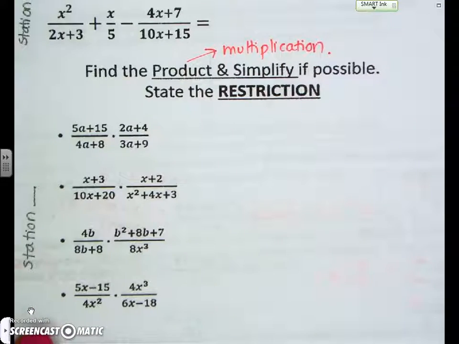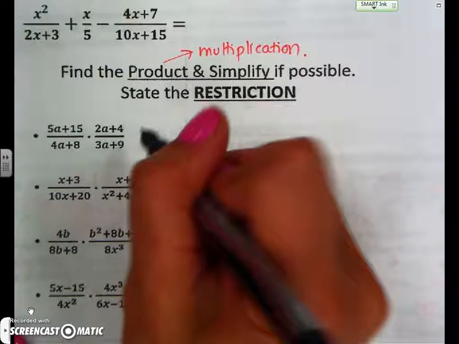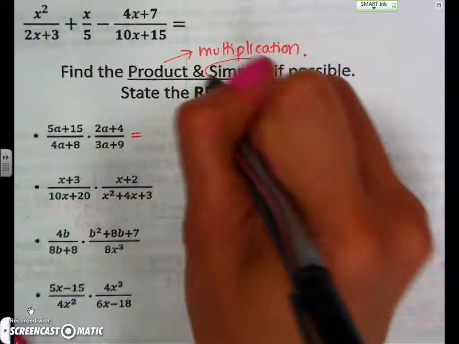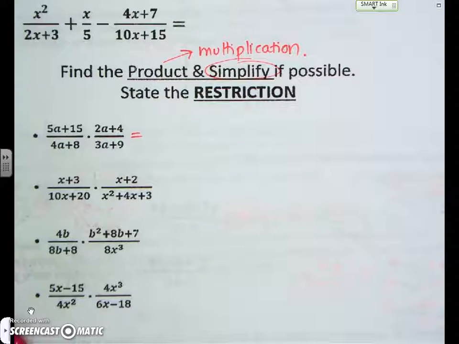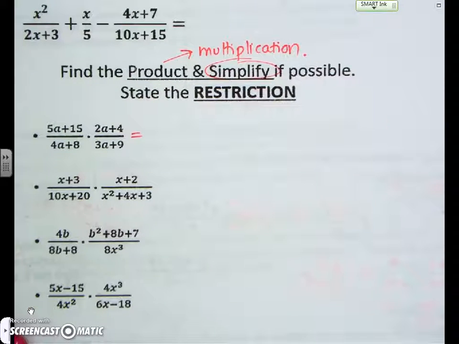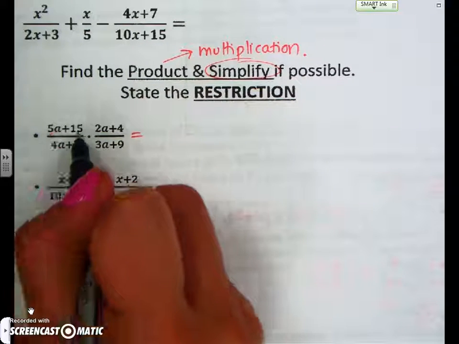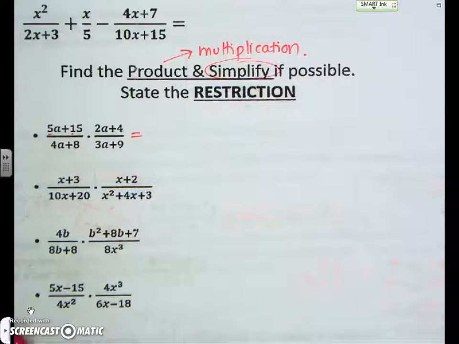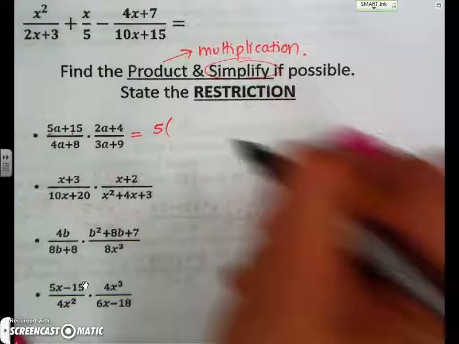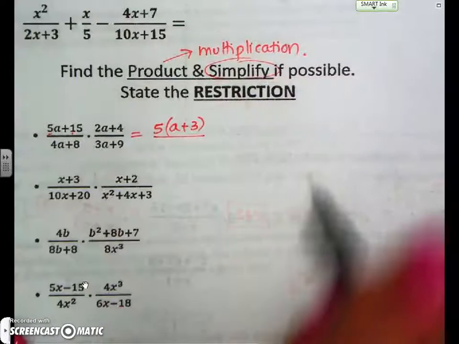Okay, so we are going to practice simplifying, which is what we just did on the previous station. We're going to simplify in order for us to multiply straight across. What is the common factor between 5 and 15? 5, good. So I'm going to put a 5 on the outside, and it leaves me with a plus 3.